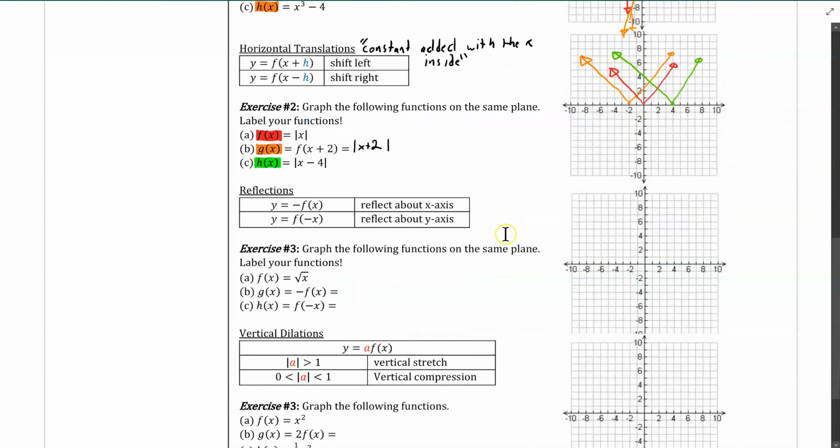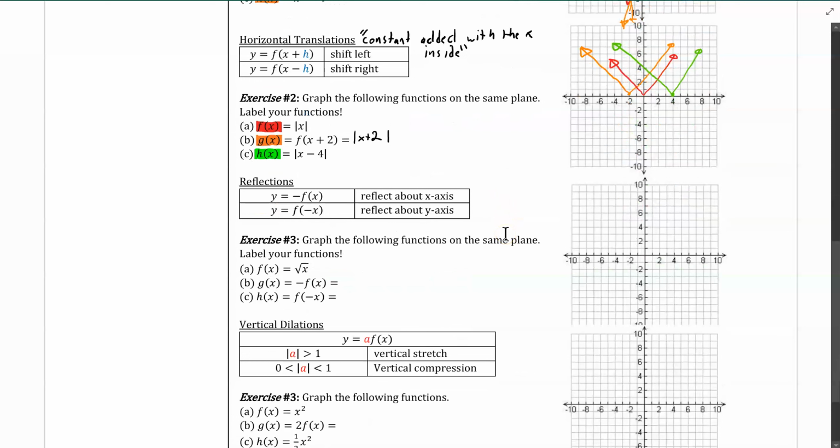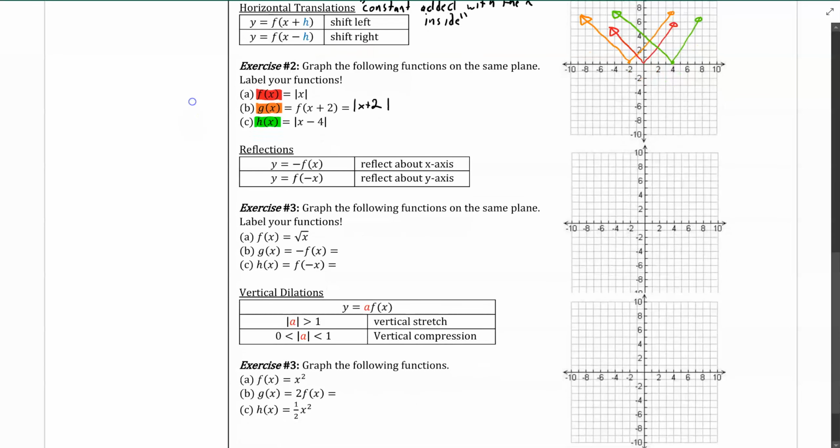Moving onwards, we have reflections. So when we see a negative sign in front of the function, this will flip the graph or reflect it about the x-axis. We do have reflections about the y-axis, but we're not going to worry about those. So part A, we have the square root of x.